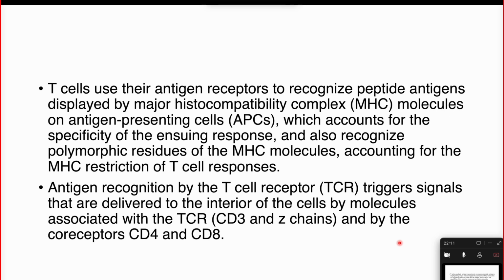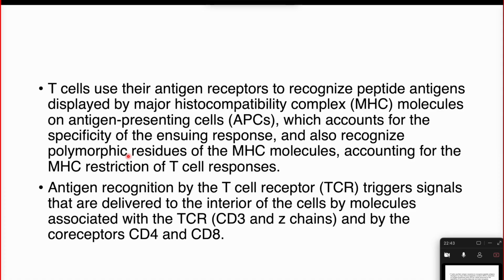T cells use their antigen receptors to recognize peptide antigens displayed by major histocompatibility complex molecules on antigen presenting cells, which accounts for the specificity of the ensuing response, and also recognize polymorphic residues of the MHC molecules, and here polymorphic means the co-receptors and the variants, accounting for the MHC restriction of T cell responses.